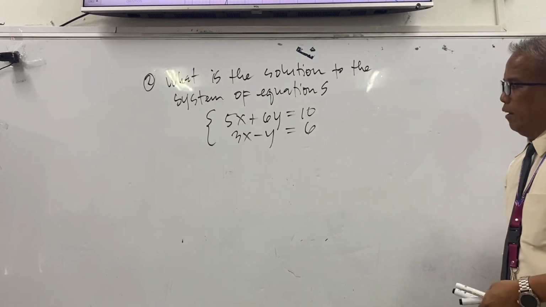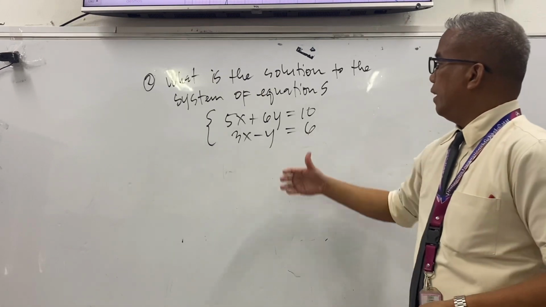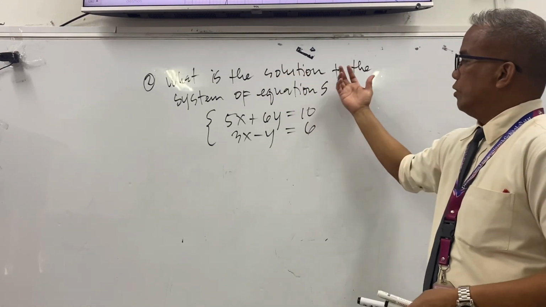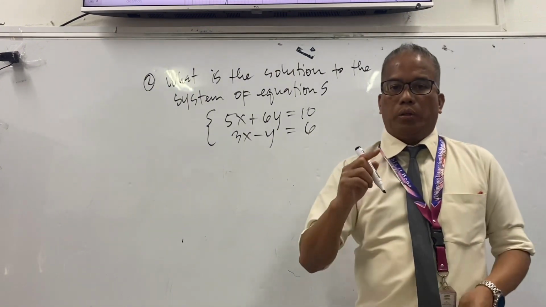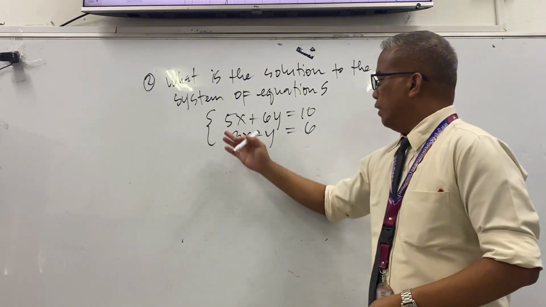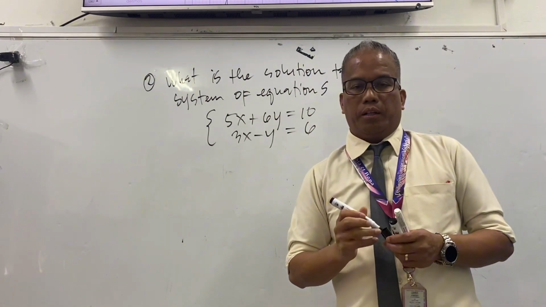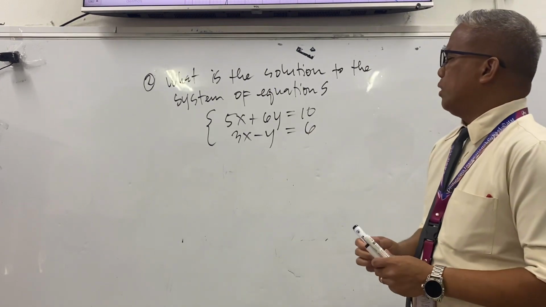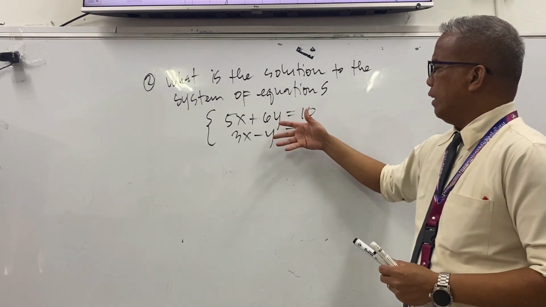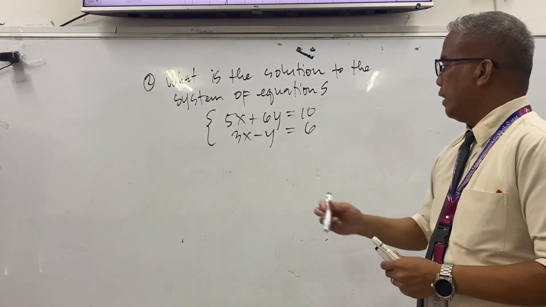For me, I will use the elimination method to find the solution of this system of equations. If you are going to use the elimination method, see to it that the numerical coefficient of one of the variables is the same. We will multiply equation 2 by 6 to eliminate the y.